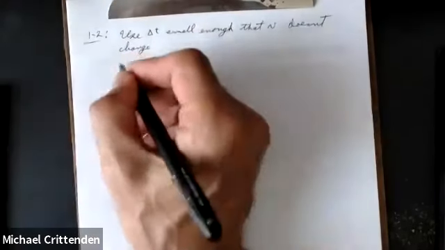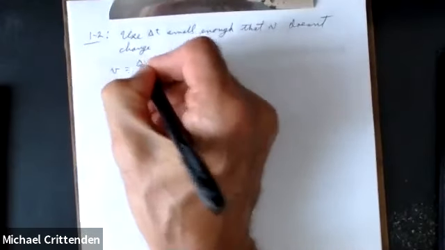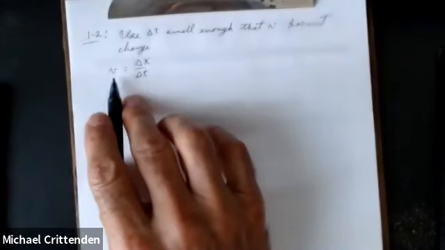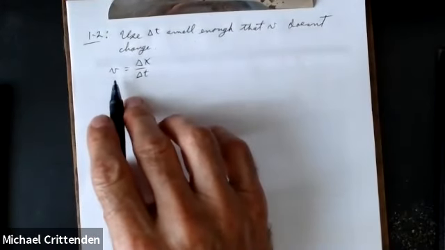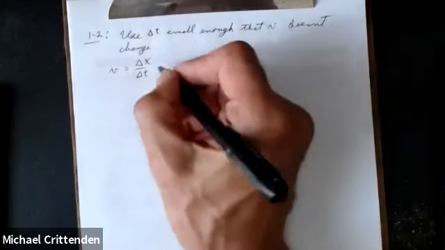So in this case, velocity is delta x over delta t. I didn't put an AV subscript on it because this time I'm calculating the instantaneous velocity. A small enough time interval that instantaneous and average are the same thing.